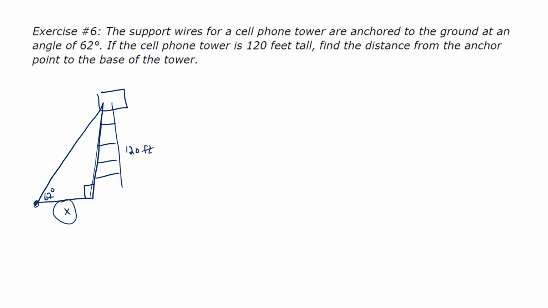From the perspective of our angle 62, we have an opposite side and we want to find an adjacent side. So we will be using tangent to help us find that. Opposite over adjacent. So we will multiply both sides by x, which will eliminate x from the denominator, and then divide both sides by the tan of 62.